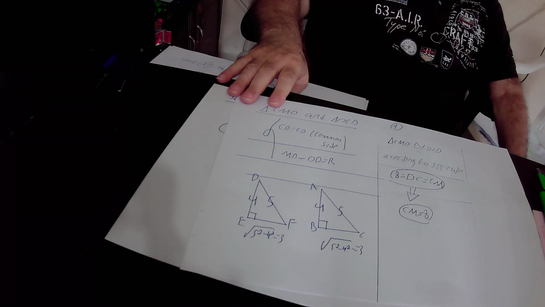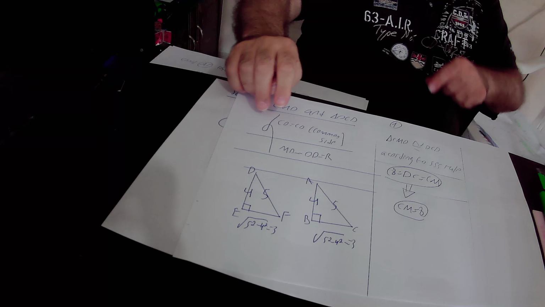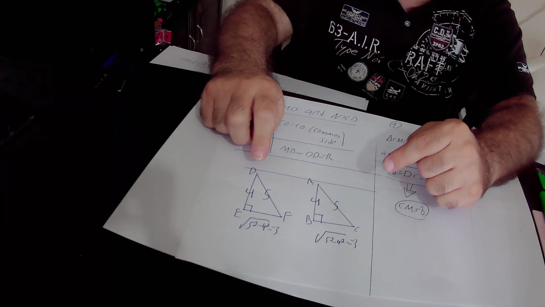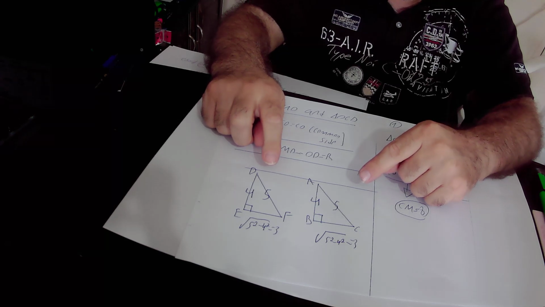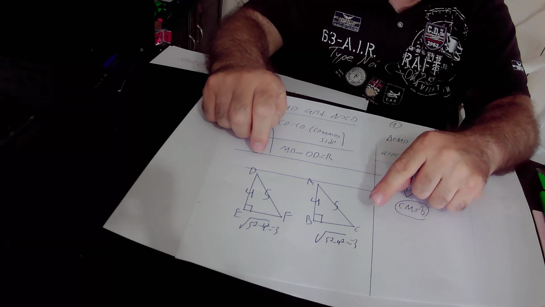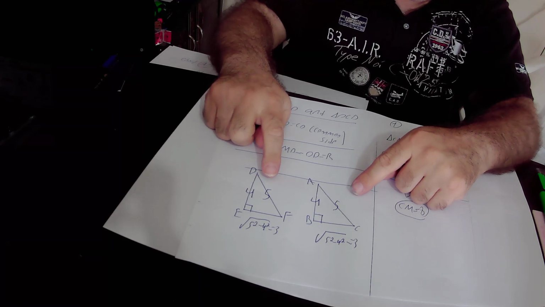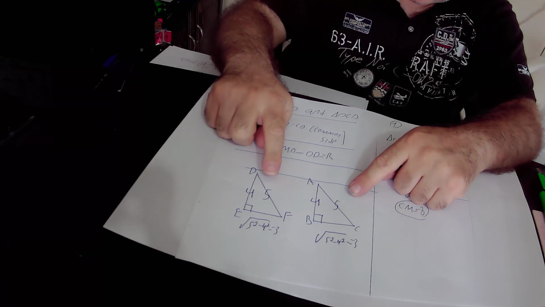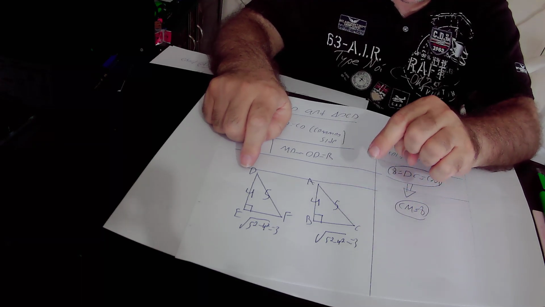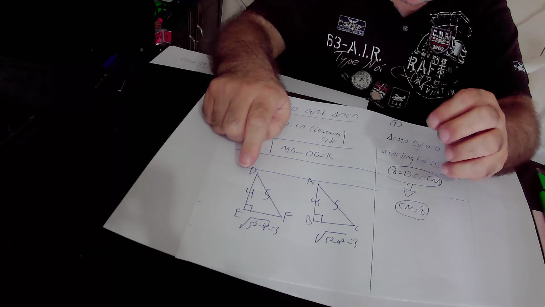Why? Because if, for example, we have two right triangles here that are congruent in the hypotenuse and one perpendicular. Here, the hypotenuse AC equals DF. They are both equal to 5 units, therefore they are equal to each other. And we have one perpendicular AB that is equal to DE equals 4.